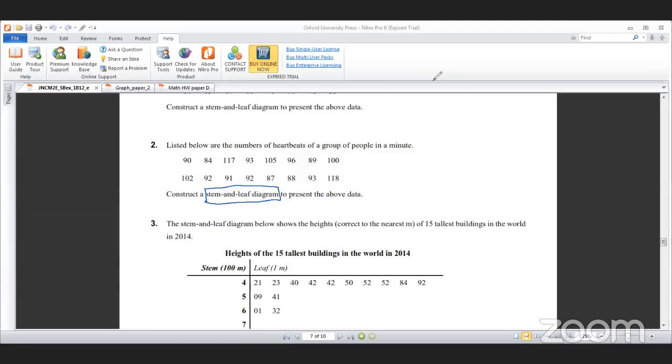Now, up to this moment, in Form 1, in this chapter, we talk about pie charts, and then broken line graph, and then the third one will be stem and leaf diagram. And when you were in primary, you also learned something called bar charts.